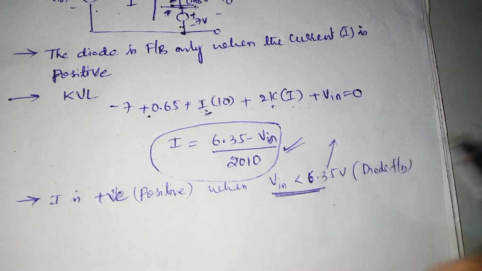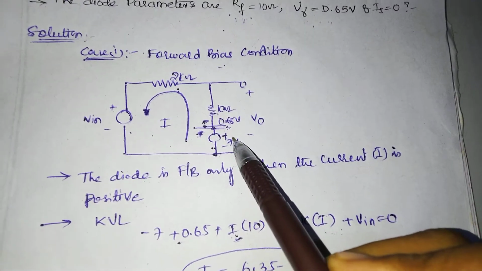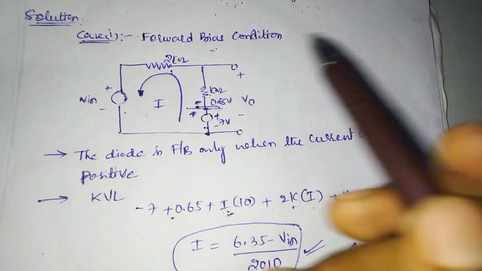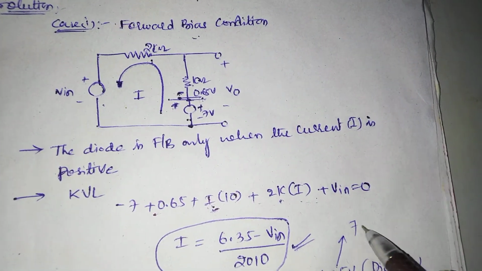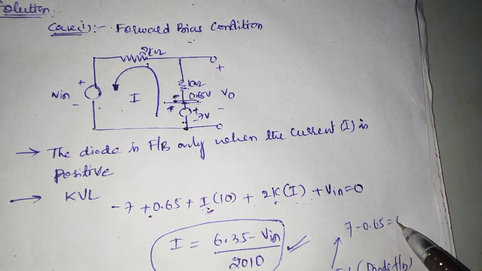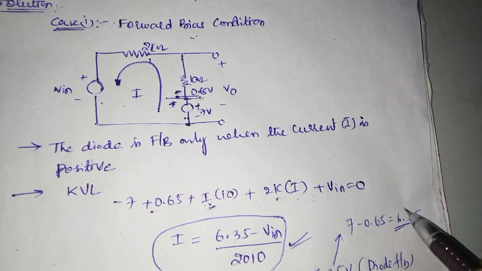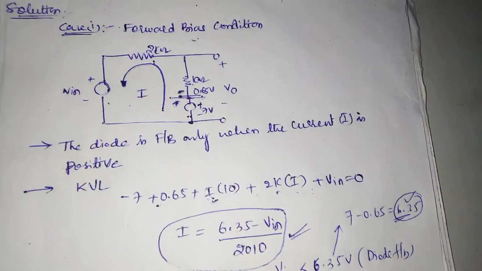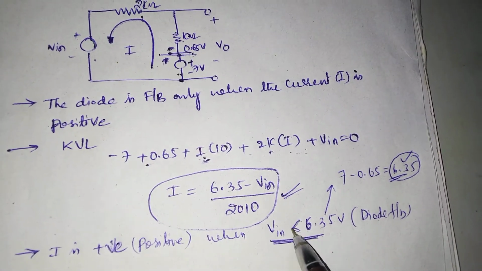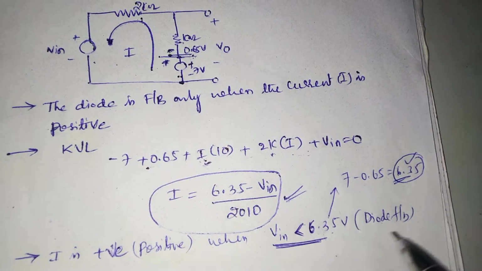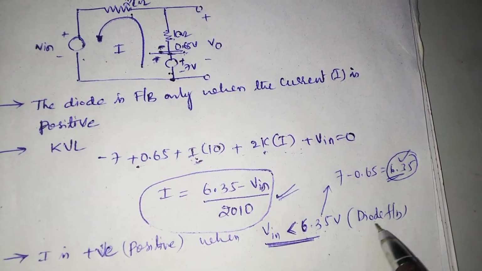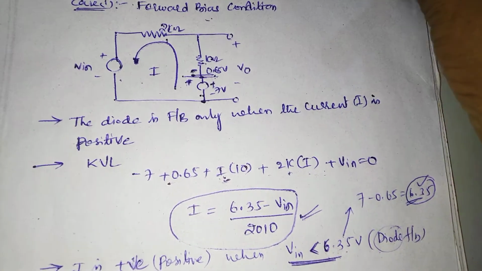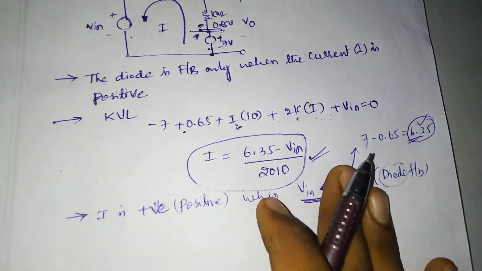From the figure: plus 7 volts minus 0.65, so 7 minus 0.65 equals 6.35. This is the minimum cutoff voltage for forward bias. Only when the input is less than 6.35 does the diode act as forward biased, and then I is in the positive direction.